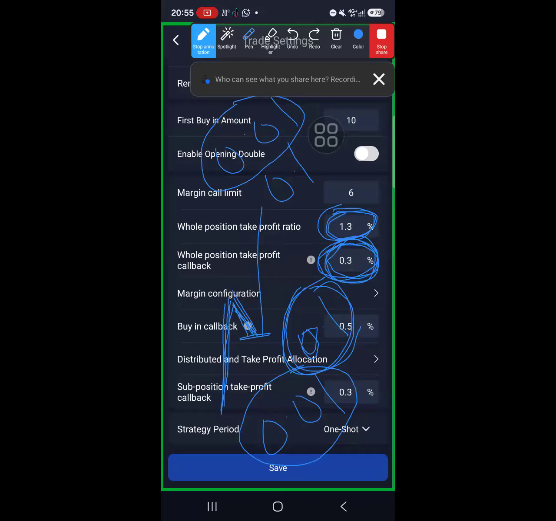But if it is 0.3 and then the price drops by 0.1, the robot is not going to execute a sell. The price will continue to go. That is the only difference here. So when you are applying 0.01, 0.1, 0.2 or 0.3, you should know what you are saying to the robot.